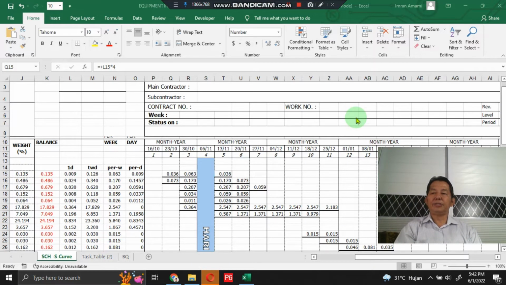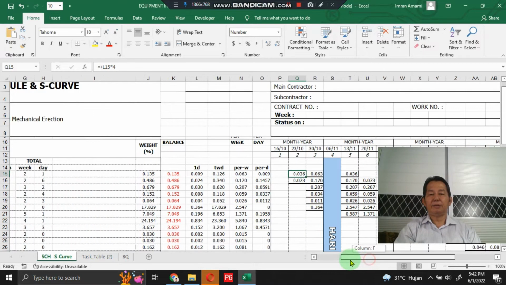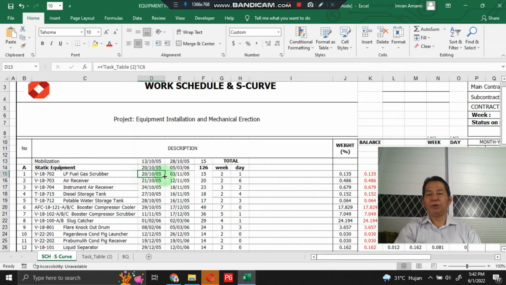Next, we make a schedule line based on the work schedule of each work item. For example, for the LP fuel gas scrubber, the schedule starts from October 20, 2005 and finishes November 3, 2005, which means 15 days, or 2 weeks and 1 day.